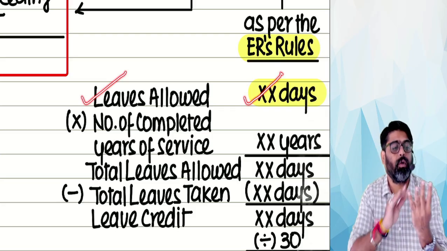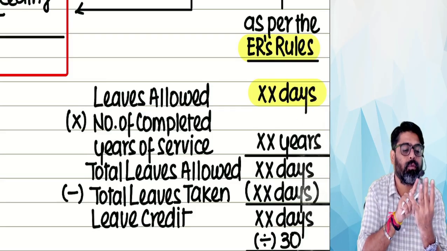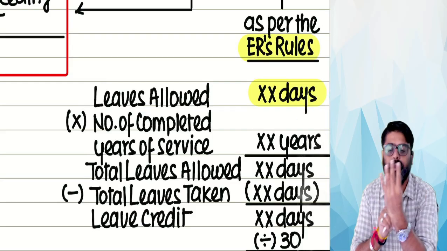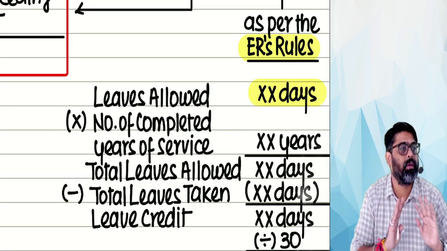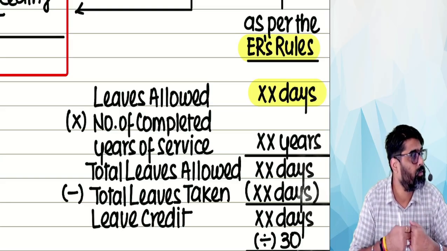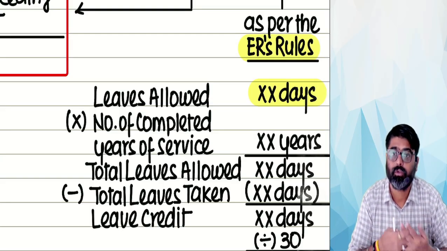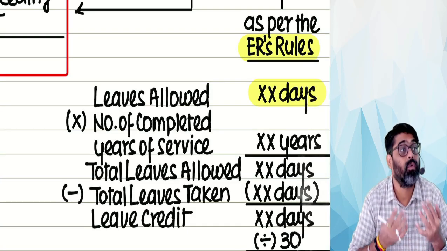45 days for your entire service or for the first year? Second year, 45. Third year, every year I was giving you a leave. The employer was allowing a leave of 45 days. So for how many years have you worked for me?